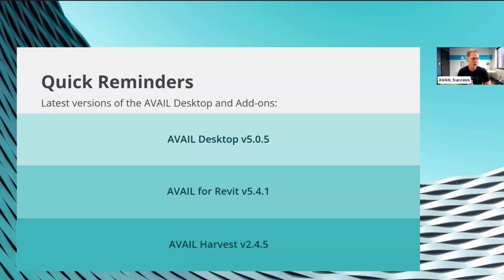You can check your version of Avail and make sure that you've got that latest desktop version. Related content is exclusive to 5.0, so if you're using 4.6 or anything before that, you will need to upgrade. If your interface looks different than what we're going to be showing on the webinar, it might be related to that version. So make sure you're up to date there.